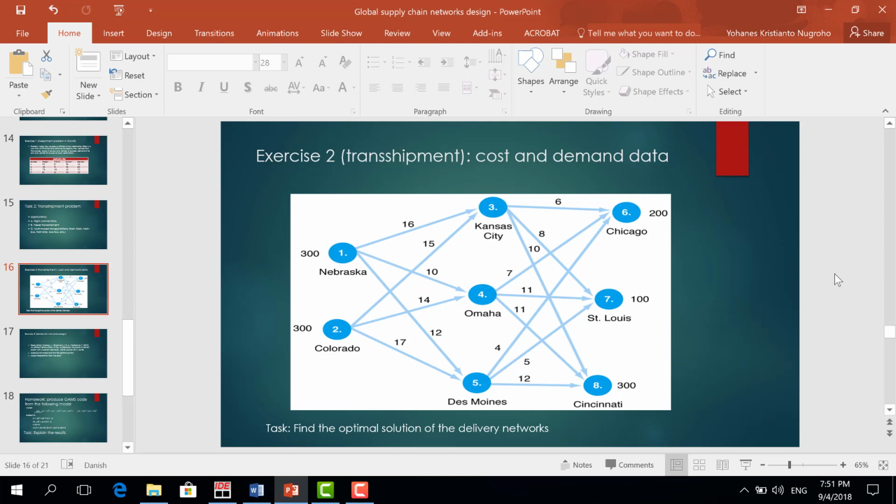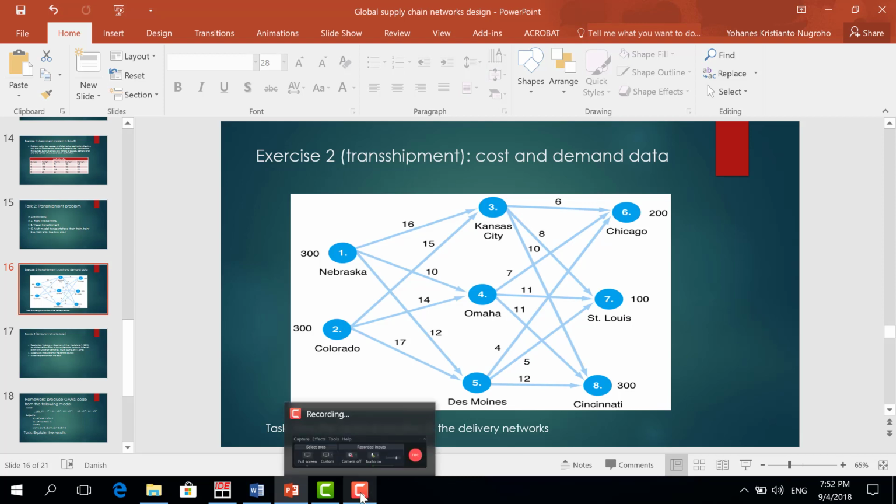You have to stop at Kansas and continue further to Chicago, or Nebraska to Omaha and then Chicago, or Nebraska to Des Moines and then to Chicago. So that's the problem.